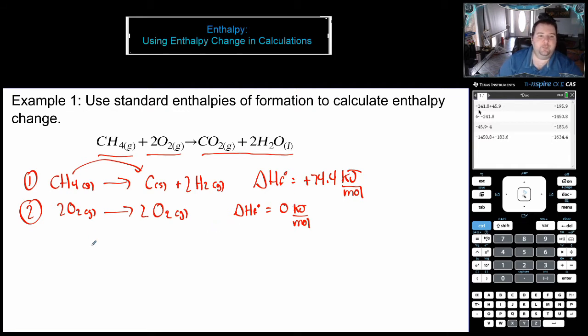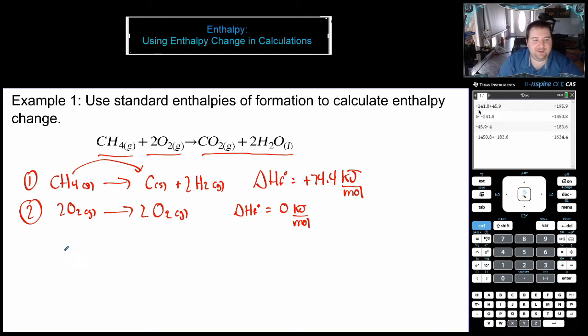All right. Now let's think about it: we have these products made by these things decomposing. How are we going to get CO2? Okay, how are we going to take these to make CO2?